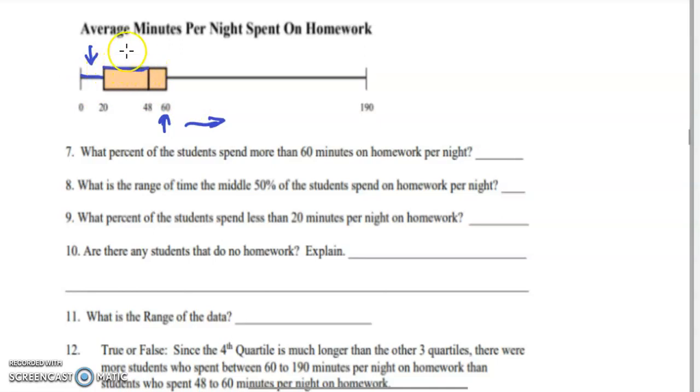This stretch here is 1/4 of our data. Same with here. Same with here. Okay, this breaks our data up into 4 equal chunks, at least as far as the number of data points. So what percent of the students spent more than 60 minutes on homework? Well, more than 60 minutes is just this last quartile. And we know that's 1/4, or what percent? 1/4 is 25%.